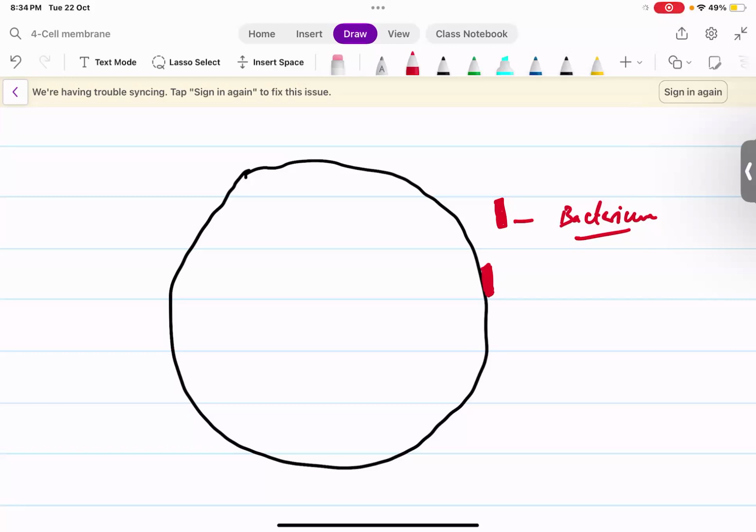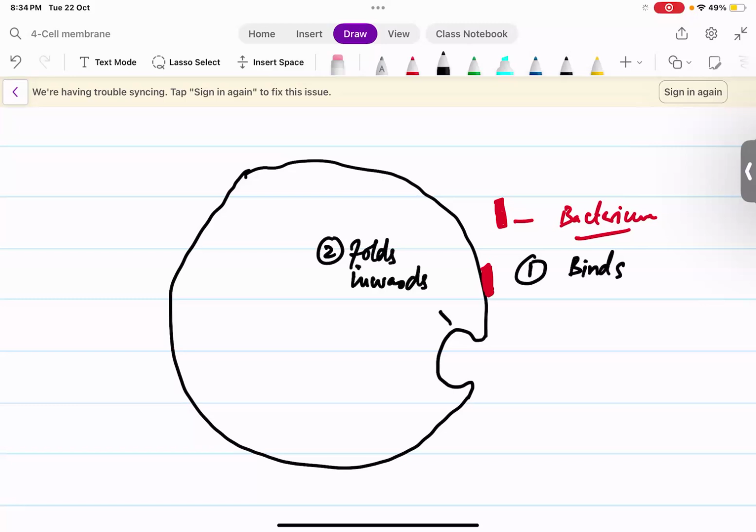Okay. And then what happens? This is step number one. After this bacterium binds with the cell surface membrane, the membrane folds inwards. This is an inward folding of the membrane. This is point number 2. The membrane folds inwards, and this captures the bacterium inside it.